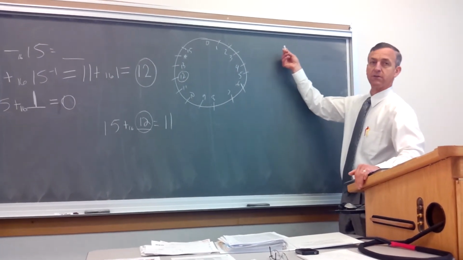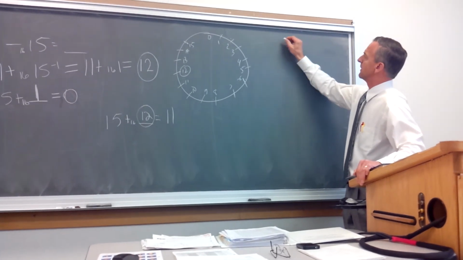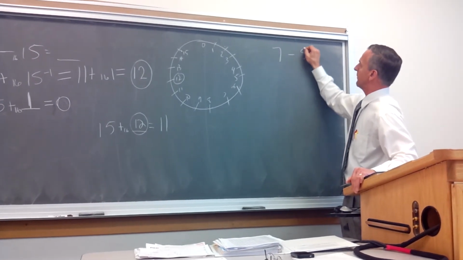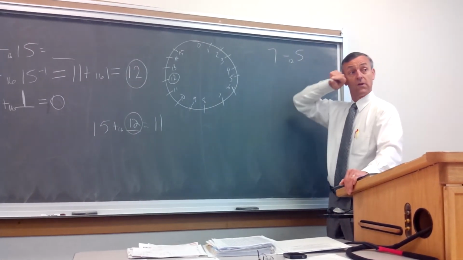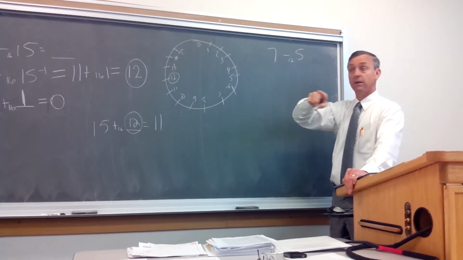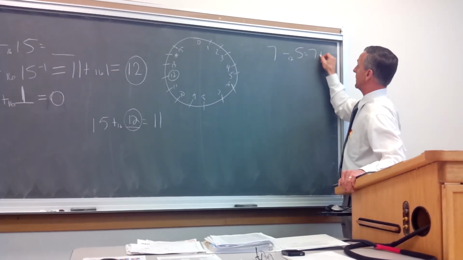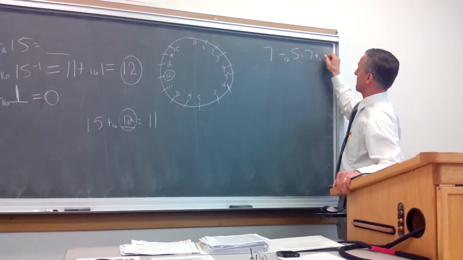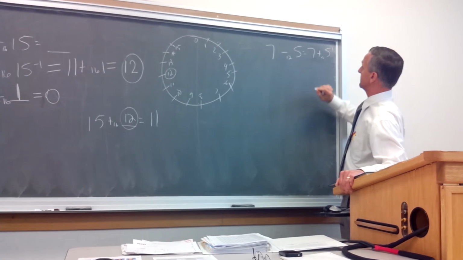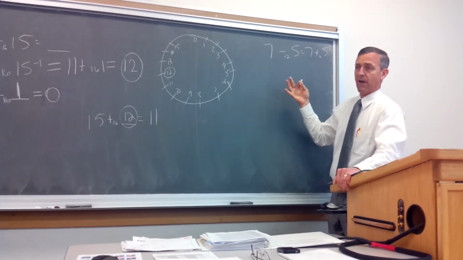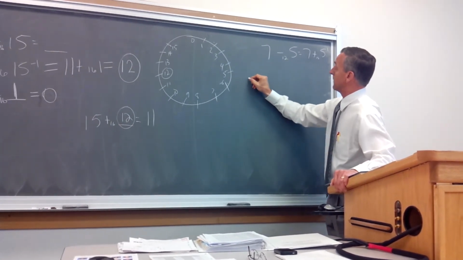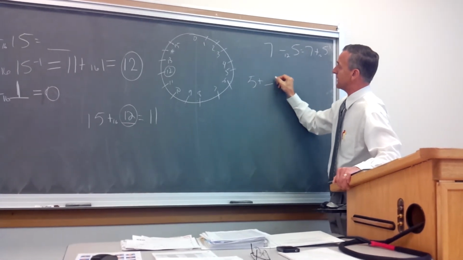Let's just do a clock 12. 7 minus 5 in clock 12. By doing the inverse, we're going to say that's the same as 7 plus the inverse of 5, right? I don't know what the inverse of 5 is, but I know if I take 5 plus something, it'll give me 0.